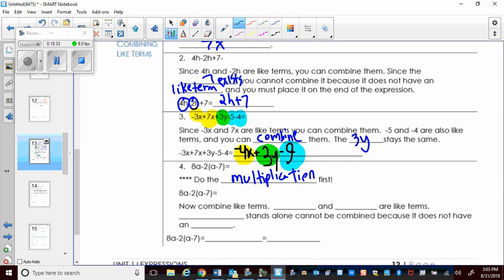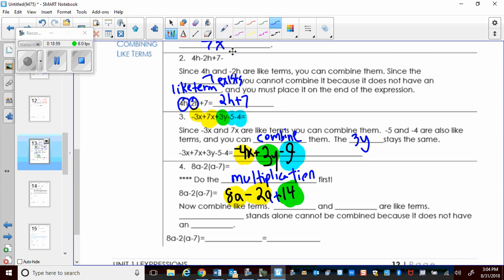So distributing first, I have 8a's minus 2a's plus 14. Maybe you don't know how to do the distributive property, but we're going to do it pretty soon. Next, I'm going to combine like terms. My like terms are 8a's and negative 2a's, and 14 is just a lone number.